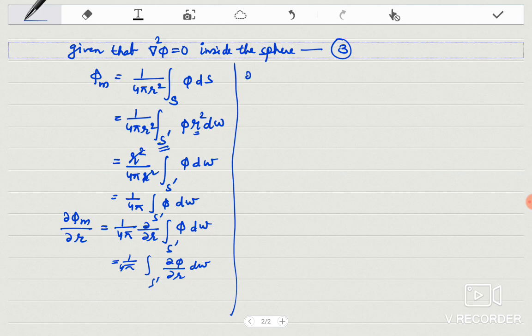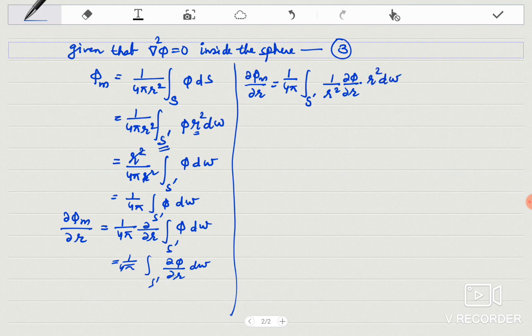Again write it as ∂φm/∂r is equal to 1/4π ∫ over S'. Now I will again change this S'. First I'll write 1/r² ∂φ/∂r and r² dω. What I did?